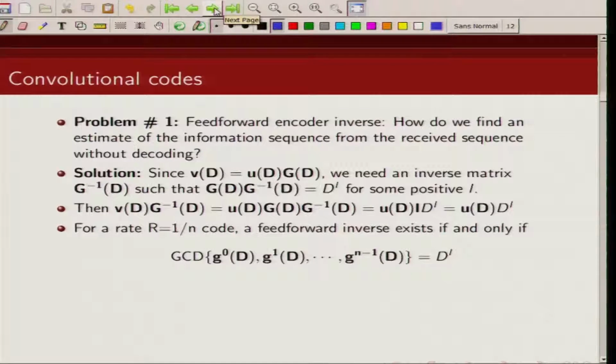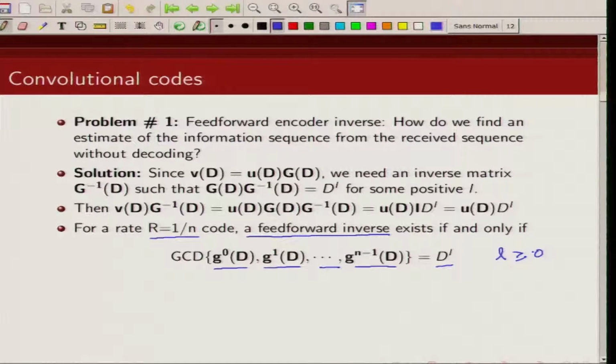I am now stating without proof the condition under which a feedforward encoder inverse exists. For a rate 1/n code, a feedforward inverse will exist if the greatest common divisor among the n generator sequences is some delay element D^l, where l is greater than or equal to 0.